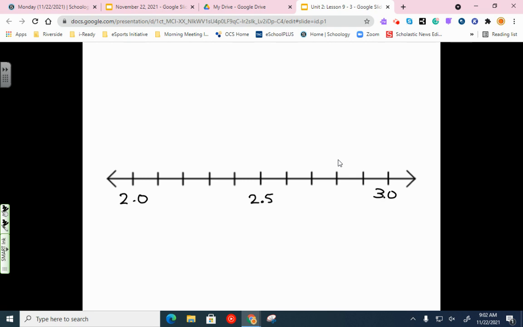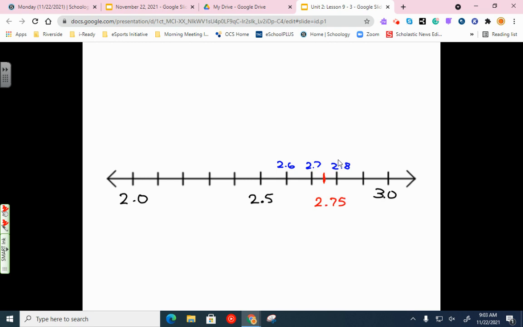So what we have to do here is find out where 2 and 75 hundredths is gonna lay. So let's see. We've got 2.6, we have 2.7, and we have 2.8 here. And we know that 2 and 75 hundredths is right in between right here. So let's put 2.75.